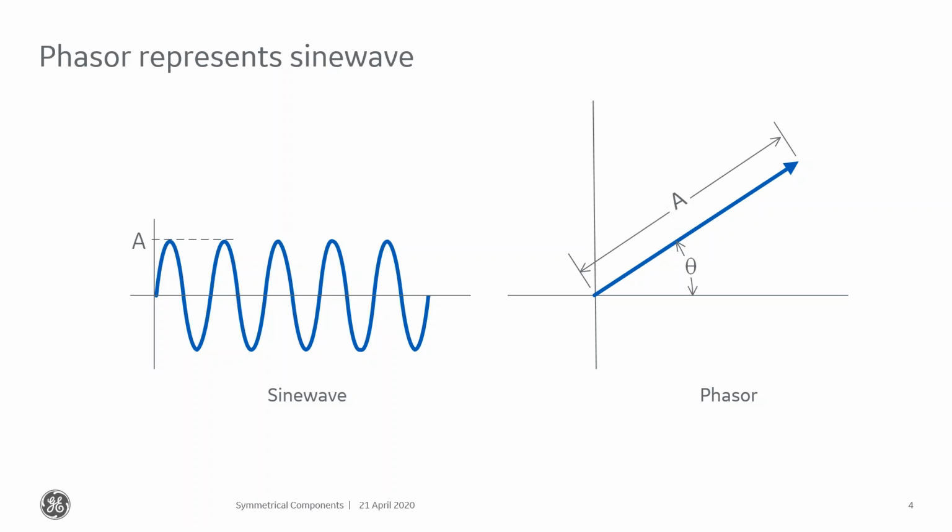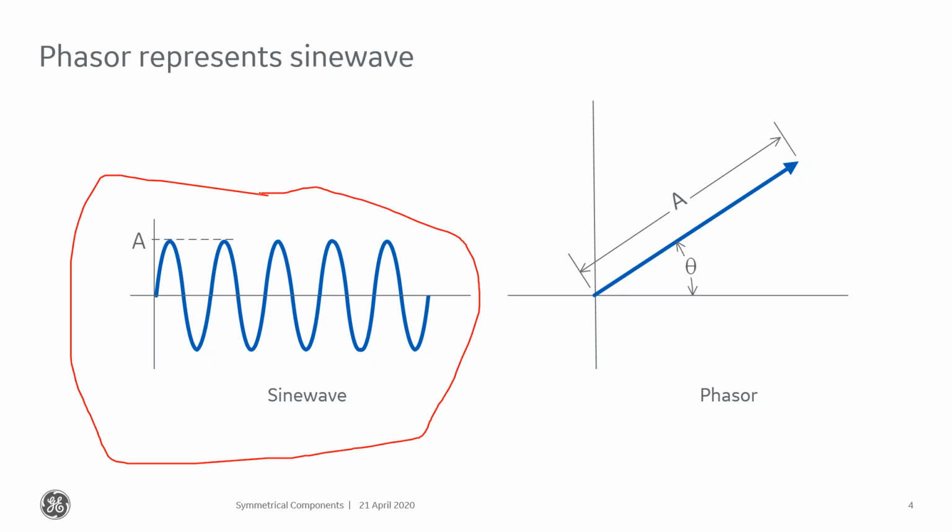What a phasor is, is merely a mathematical technique to turn this sinusoidal waveform that you see into a magnitude and angle, right? So what we produce on the back of the relay, or what we wire to the back of a relay, is that sinusoidal waveform.